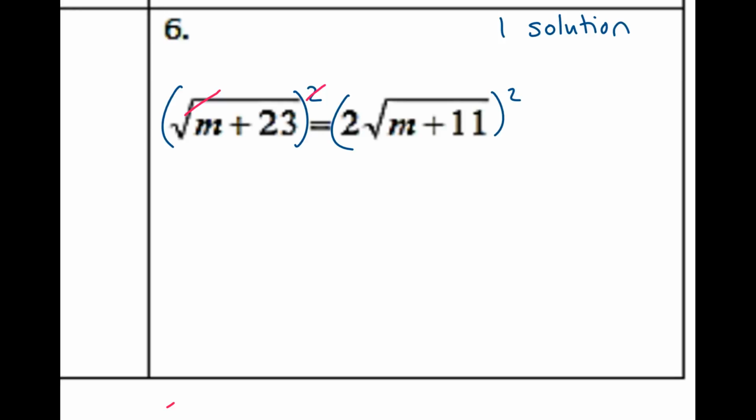Here, I am squaring how many things on that side? 3. So I need to square the 2, and I also need to square the square root. So the square roots cancel, but then what is 2 squared? That is the only tricky part. You have to square both of those terms. And then in parentheses, x plus 11.